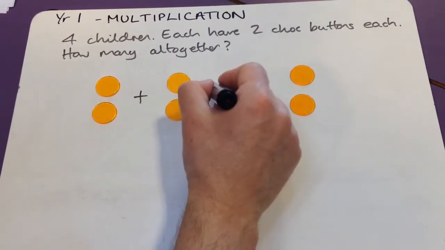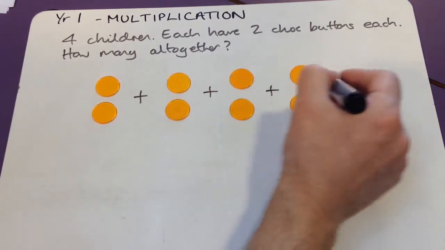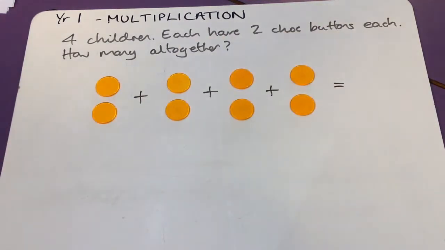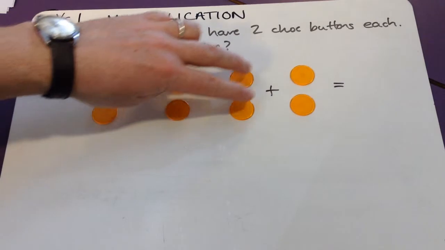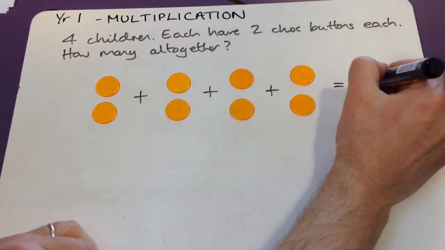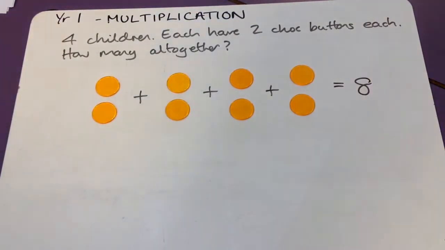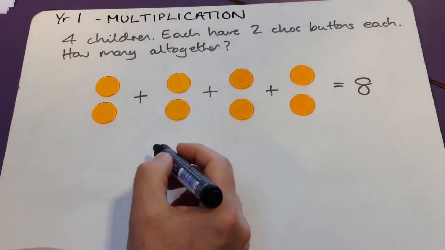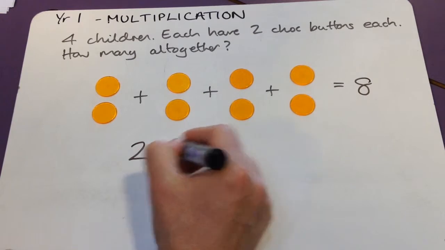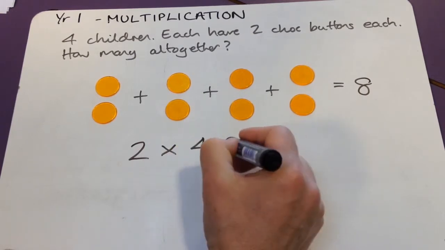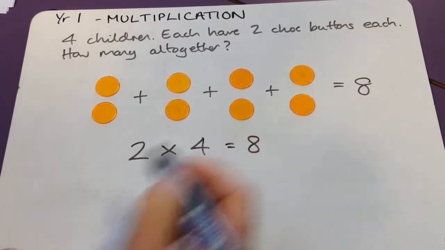So it's 2 add 2 add 2, and then we can count in 2s, 2, 4, 6, 8, to find our answer. And as a multiplication sentence, this is represented as 2 things multiplied by 4 times, which equals 8.